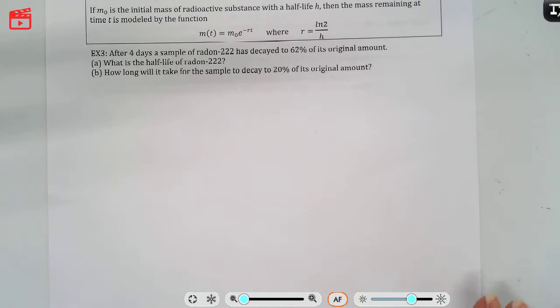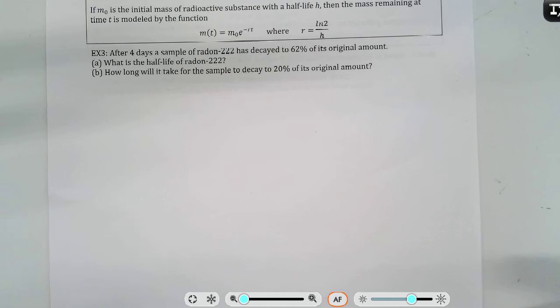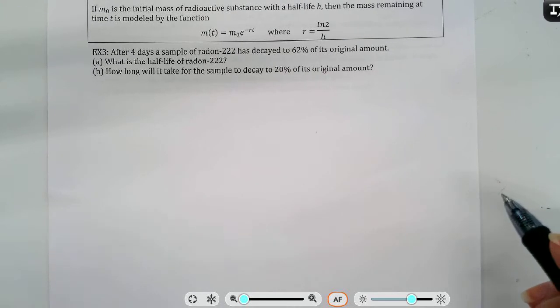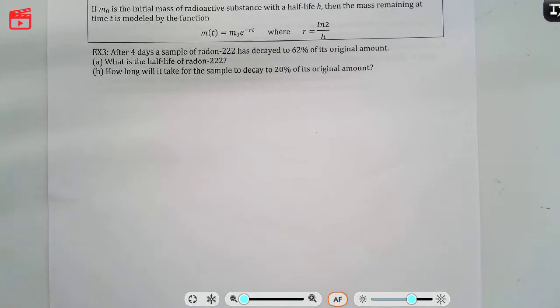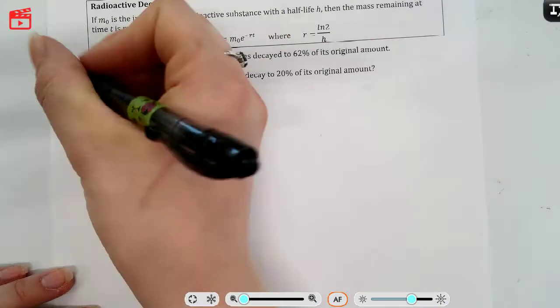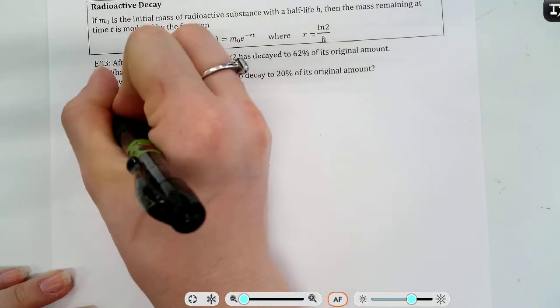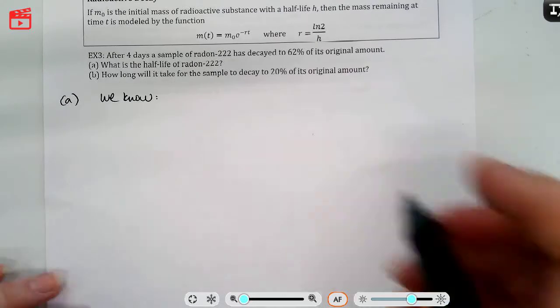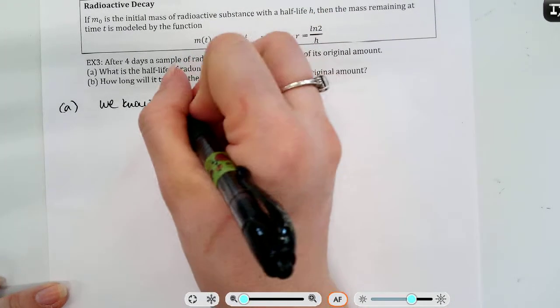All right, so example 3. After 4 days, a sample of radon 222 has decayed to 62% of its original amount. What is the half-life of this radon 222? All right, so what do we know? Well, we're looking at 4 days, so we want time to equal 4 days.